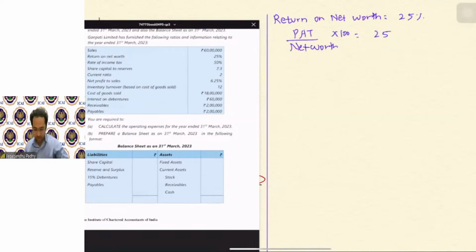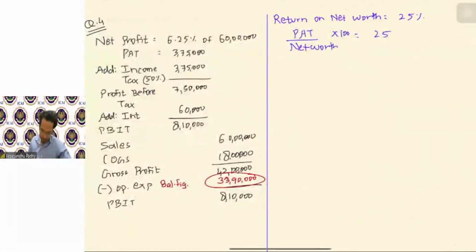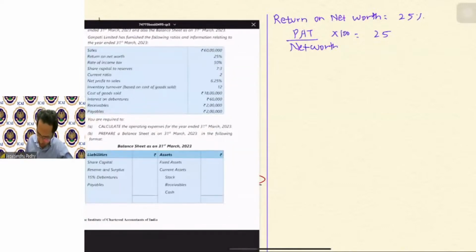Profit after tax is something which we have computed right now. Profit after tax was 3,75,000. Let's take the same profit after tax of 3,75,000 upon a net worth which we are not aware of. So we'll have to compute the net worth from this. Net worth into 100 is 25.